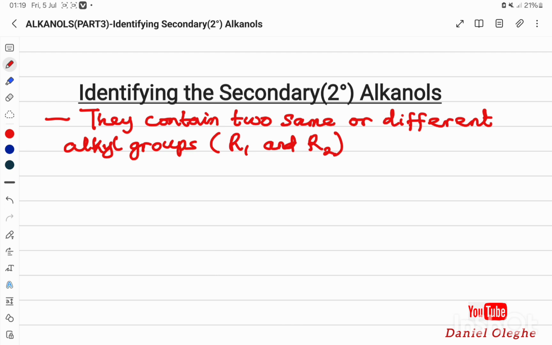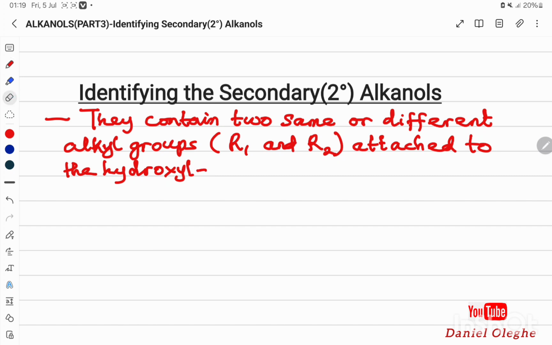So they contain two alkyl groups, same or different, that are attached to the hydroxy-carbon atoms in their molecules.